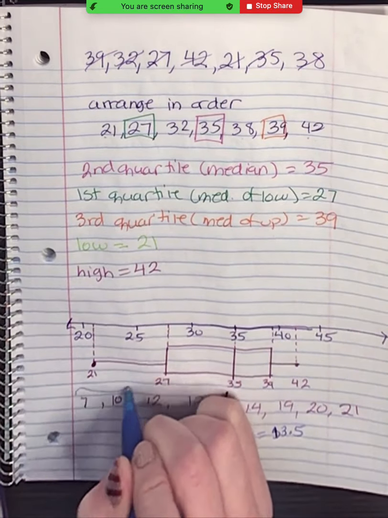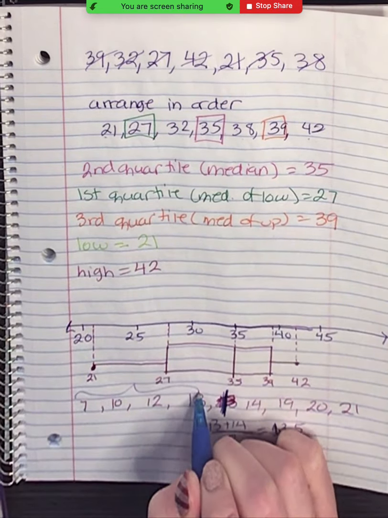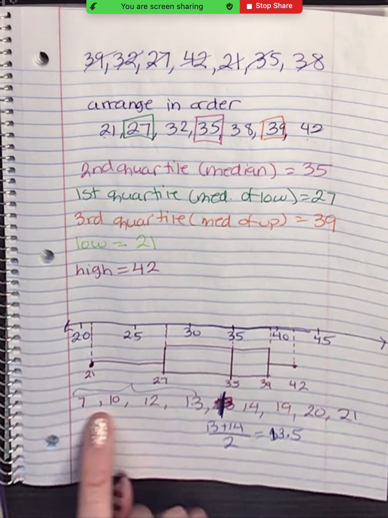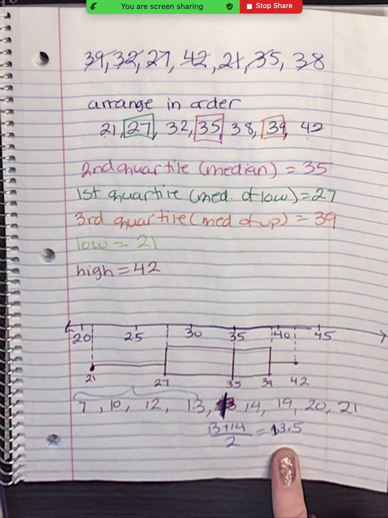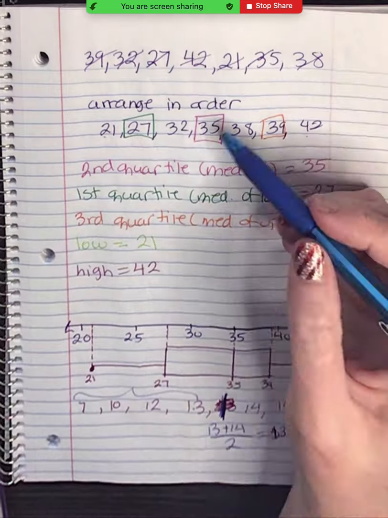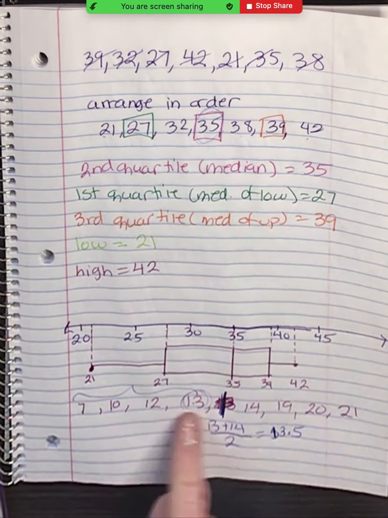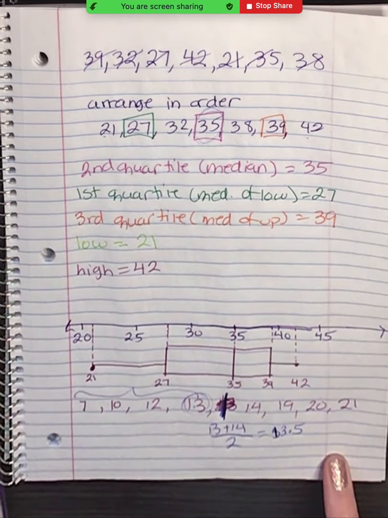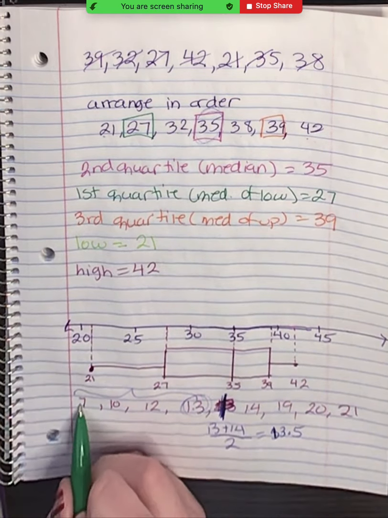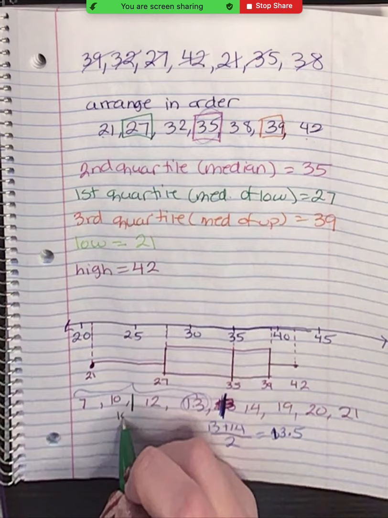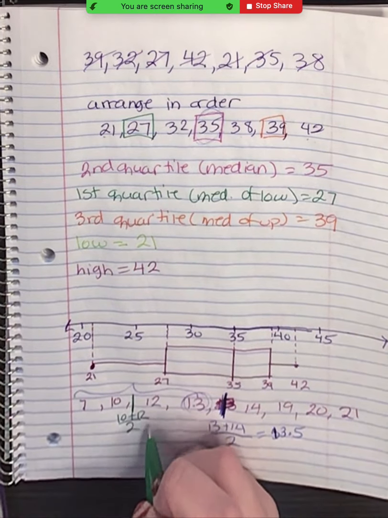These all then are my lower half because they're all lower than the middle. Up here I did not include 35 with the lower half because it's the middle. But I'm including 13 with the lower half because it's not the middle. Then you find the middle of these. So 1, 2, so the middle is here between 10 and 12.